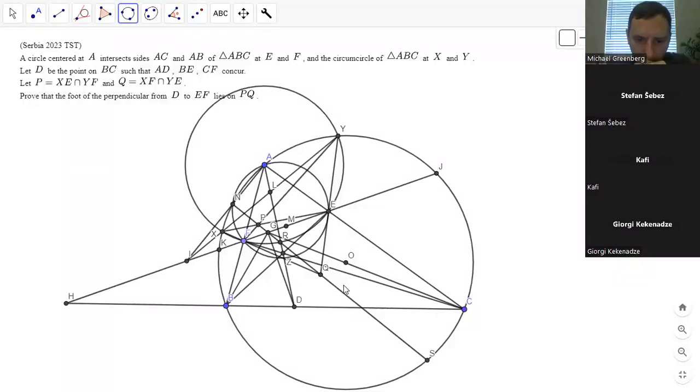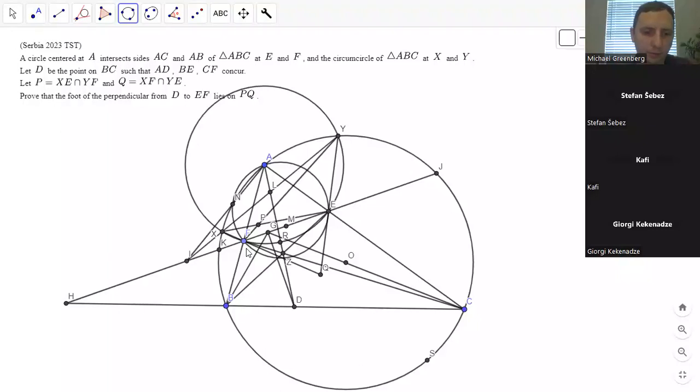Okay, so we want to show N lies on the polar of I, right? And that's equivalent to saying that AN times AI is like AF squared.